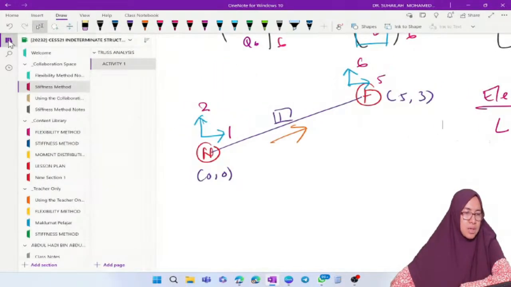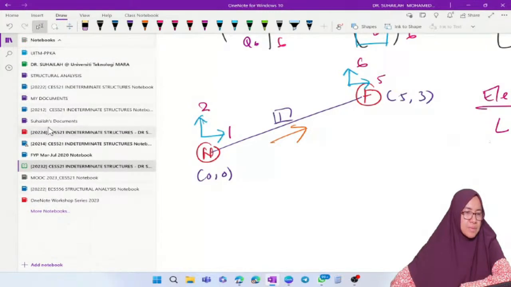Let me show you the appendix. I will take it from the previous semester.